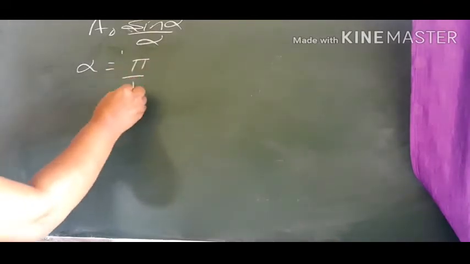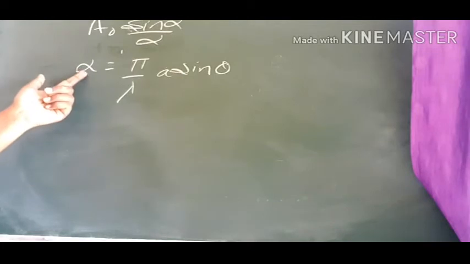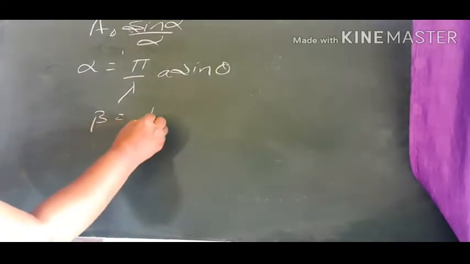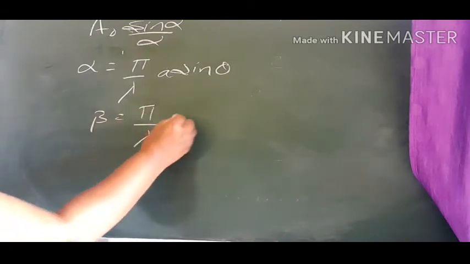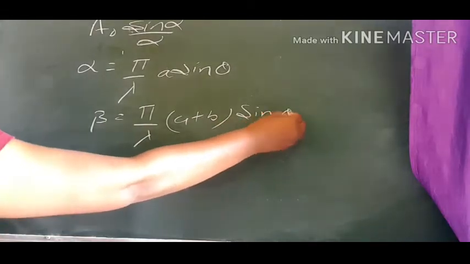We have alpha equal to pi by lambda a sin theta. Alpha is the phase difference due to a single slit. And beta is equal to pi by lambda (a plus b) sin theta.